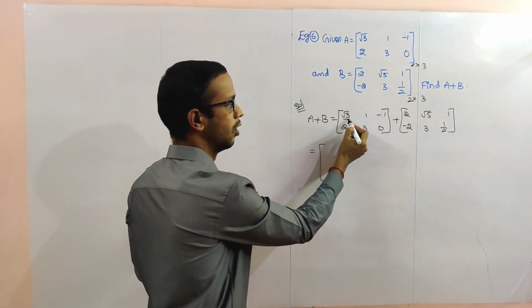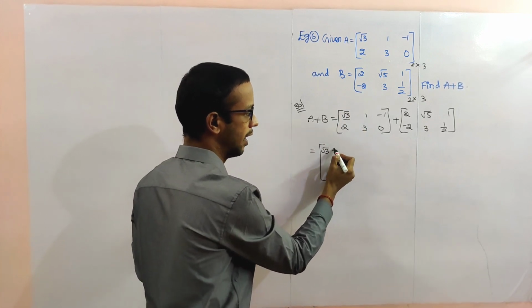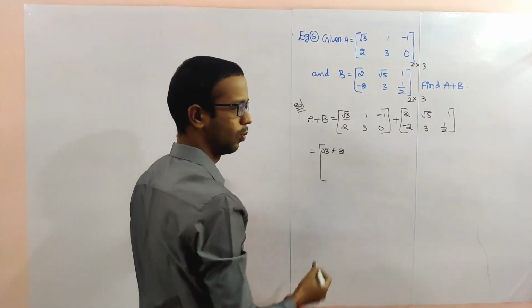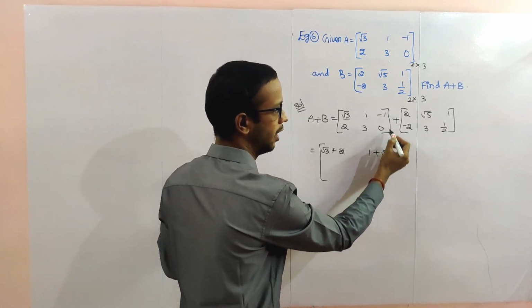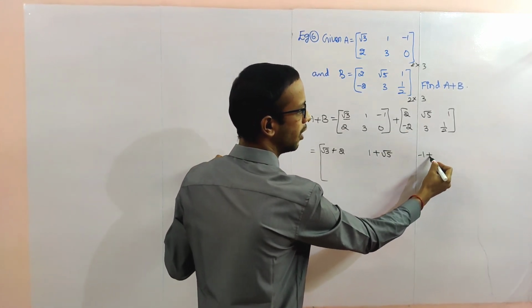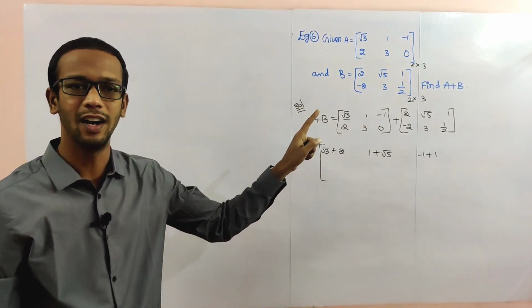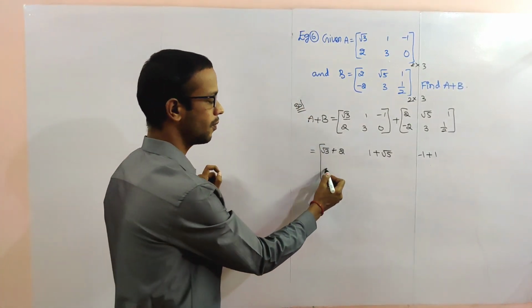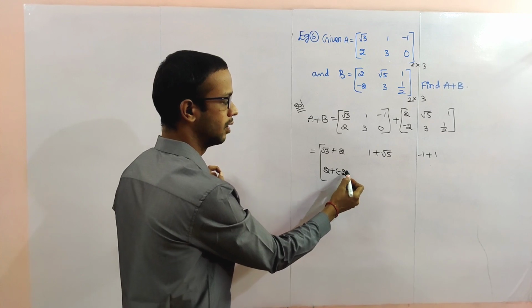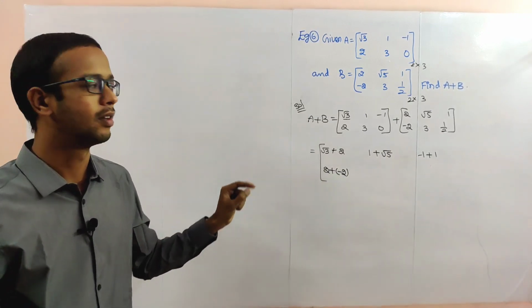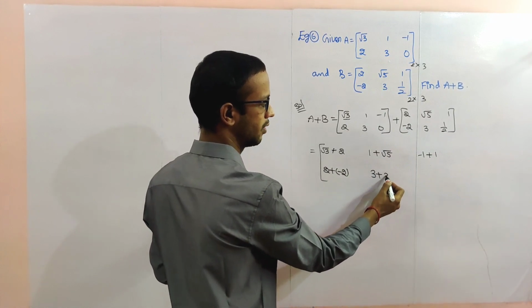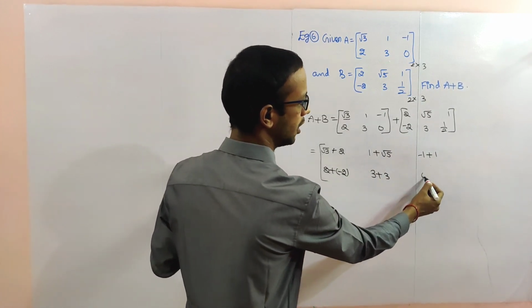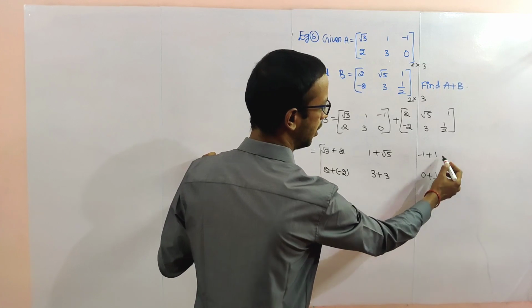So here root 3 plus the first element 2. Next 1 plus root 5. Next minus 1 plus 1. Next 2 plus minus 2. Next 3 plus 3. Next 0 plus 1 by 2.